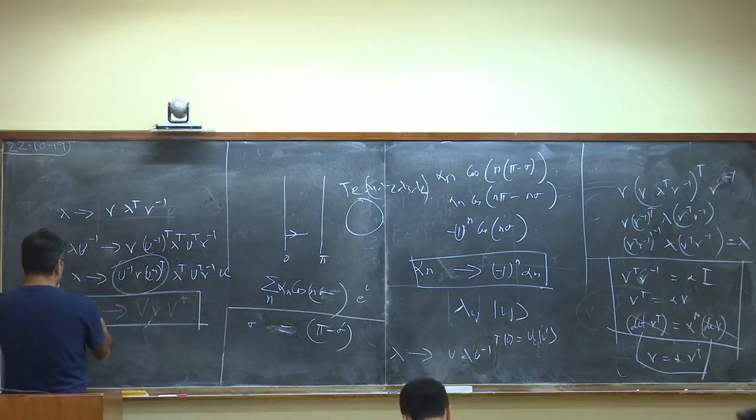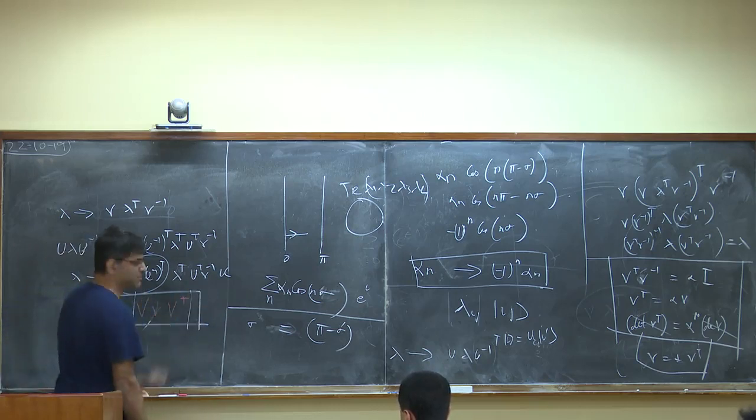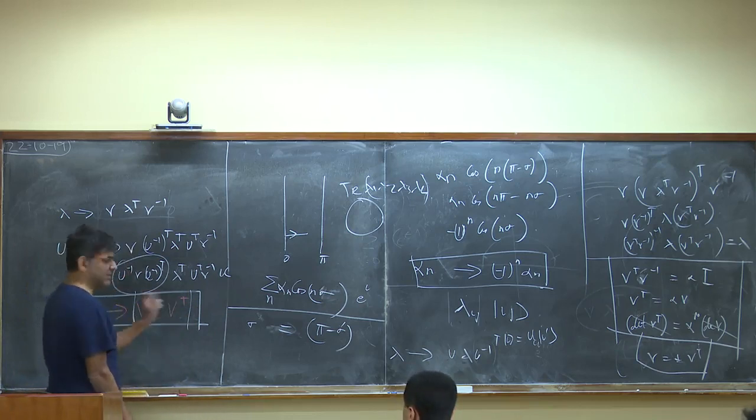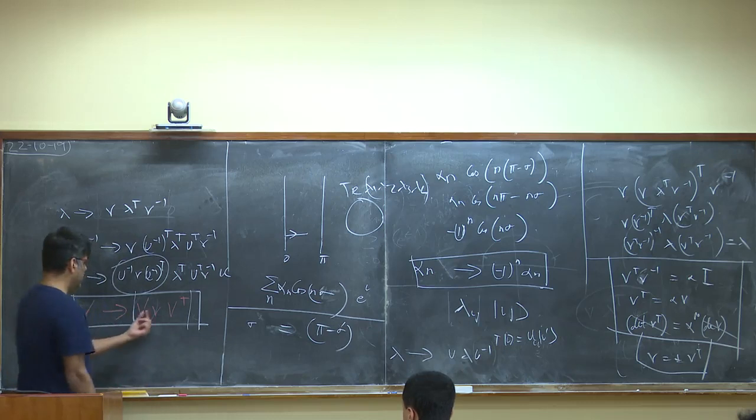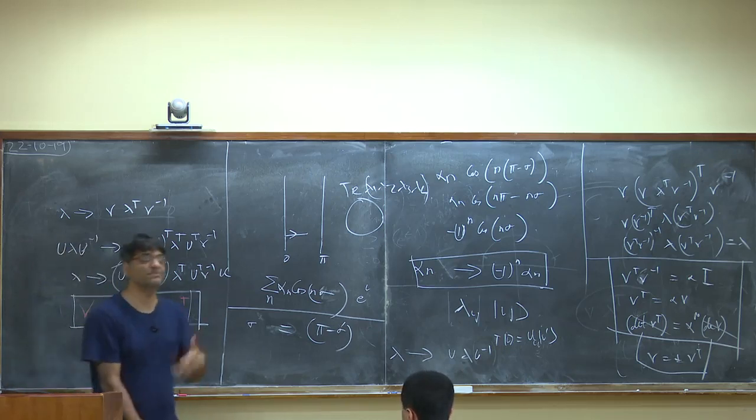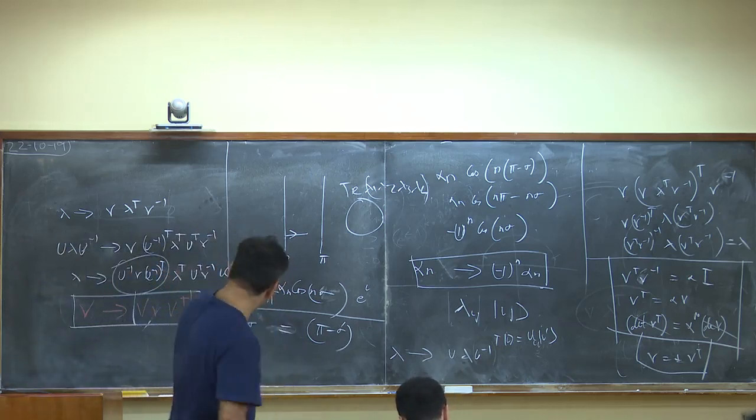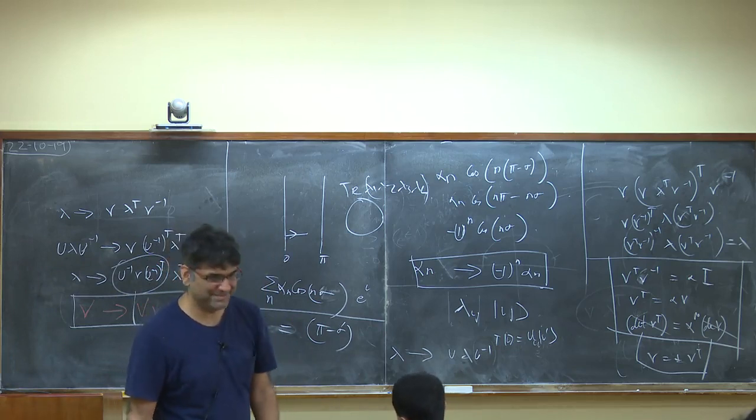Because suppose gamma, let's look at what happens when we take the transpose of this. This is gamma goes to V gamma V transpose. Okay, now suppose gamma transpose was plus minus gamma, then this transpose is also plus minus itself, right?